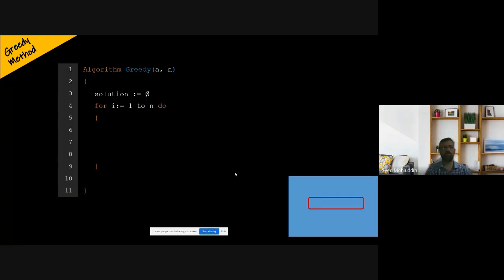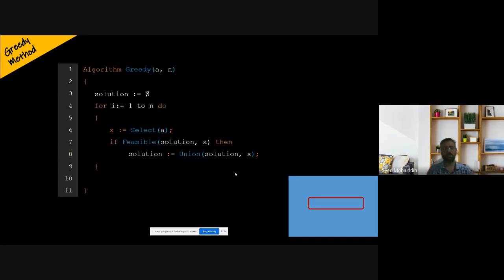So we have a loop from 1 to n and select an input from the array A, and check if that input which is selected, which is x now, is a feasible solution. If it is feasible, then add it to the set of feasible solutions, that is, the solution set.